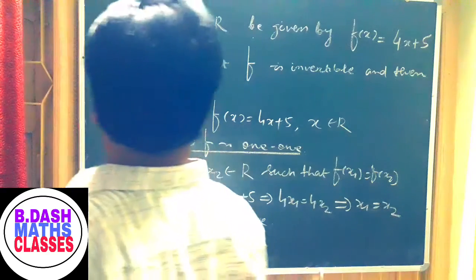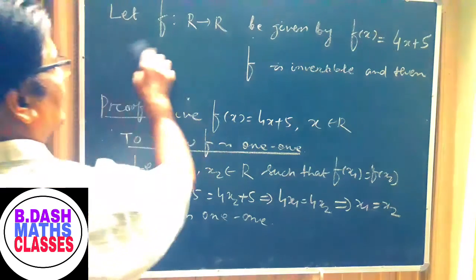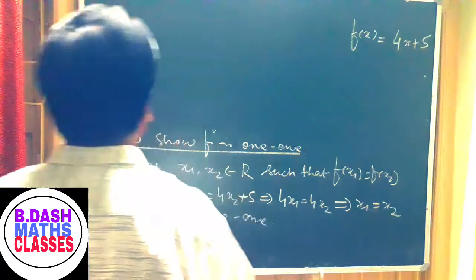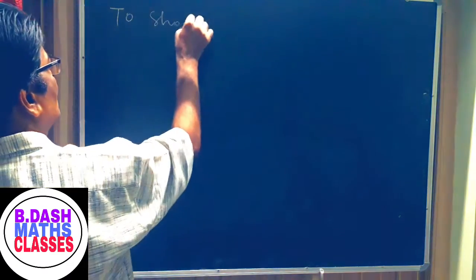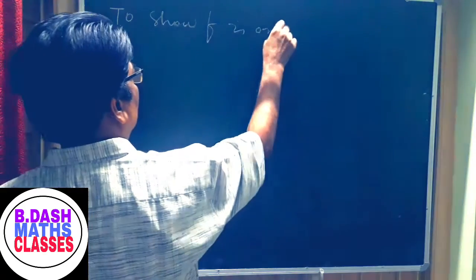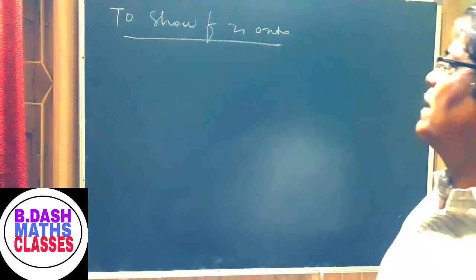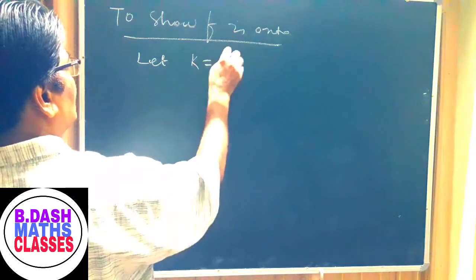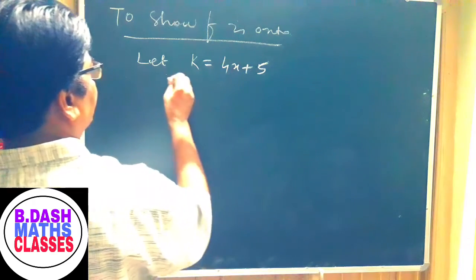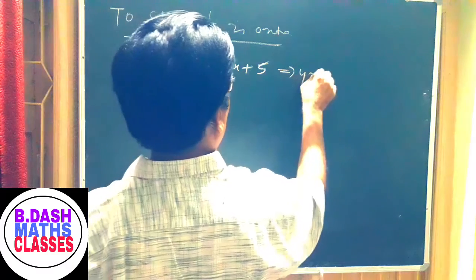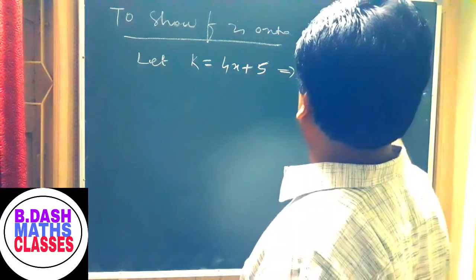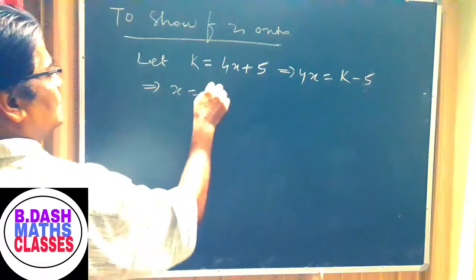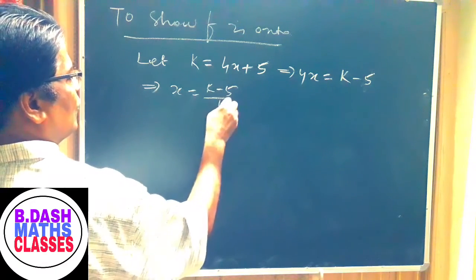Now, to show f is onto, let k = 4x + 5. So this gives us 4x = k minus 5, which implies x = (k minus 5) by 4.